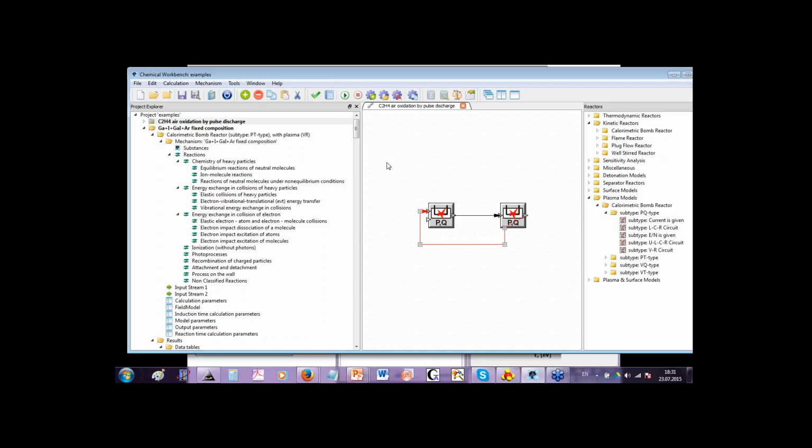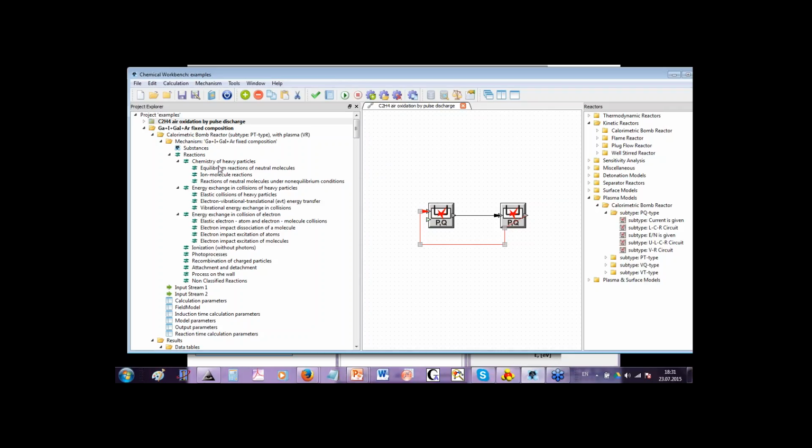So the number of processes grows exponentially. Generally, inside the Chemical Workbench, for every calculation we have a tree of processes to help the user manage all processes.